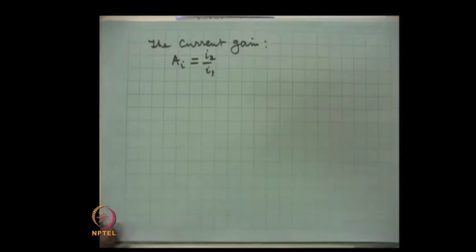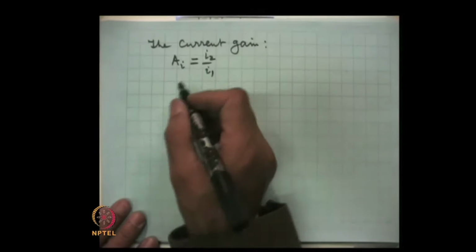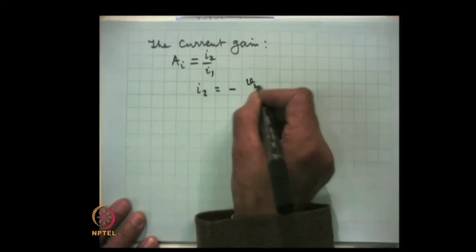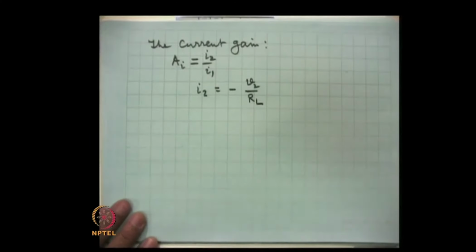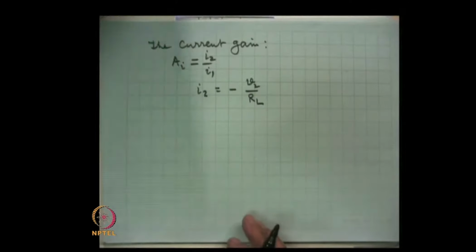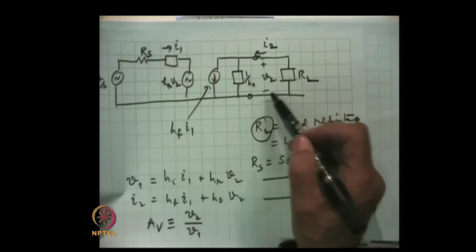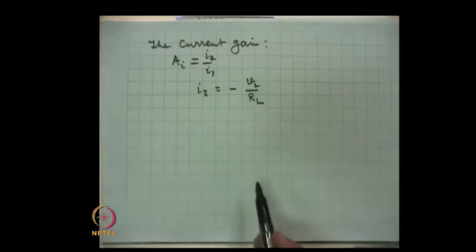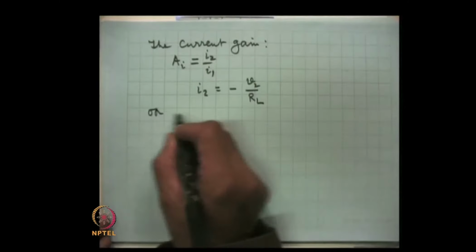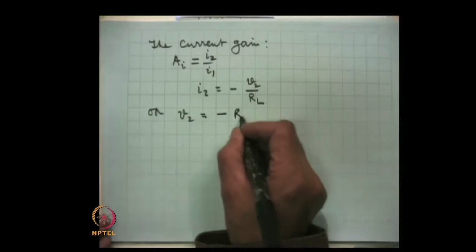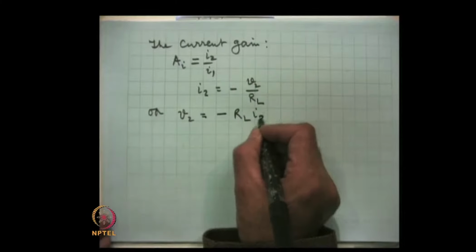We have obtained earlier the expression for I2, V2 by R L. Simple, from the output circuit we see that the voltage V2 appears with this polarity we have assumed across R L, then I2 was equal to this, or V2 is equal to minus R L into I2.